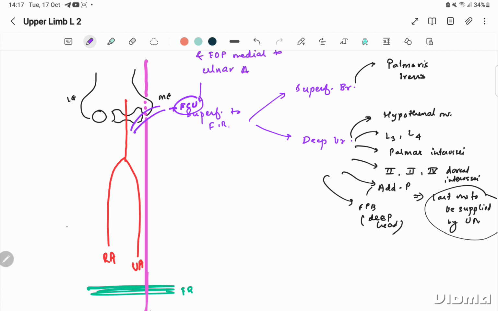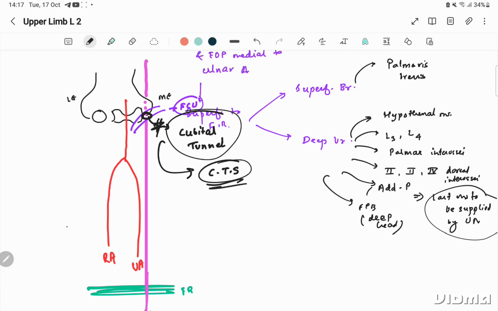So here we have the two heads of FCU which form a tunnel. This tunnel is called the cubital tunnel. So if the ulnar nerve is injured in the cubital tunnel, it is called cubital tunnel syndrome. So you might have heard about cubital tunnel syndrome too.